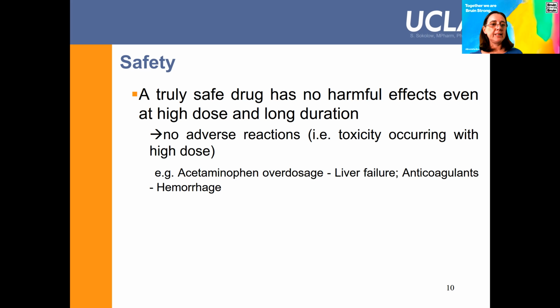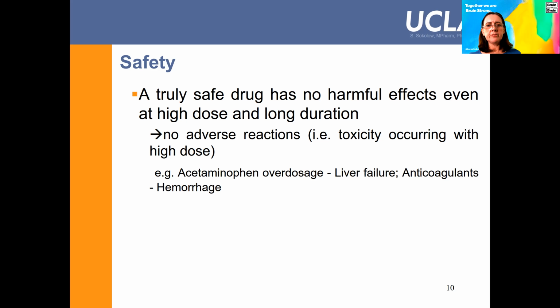Any drug can have some adverse effect, but some of those adverse effects can be very mild, and some others can occur when you give a higher dose. And you can also see some of those adverse effects with the duration of the treatment. The longer you use a drug, the more likely those adverse reactions can occur.